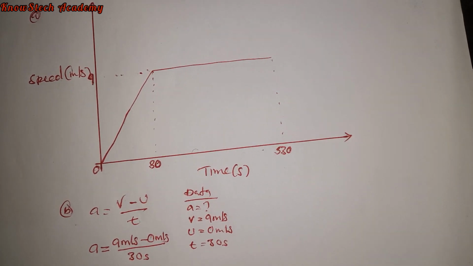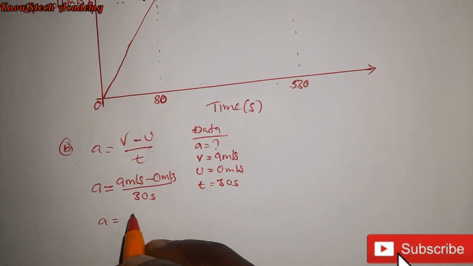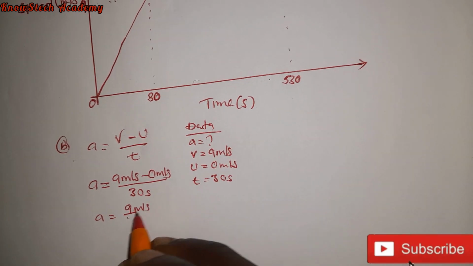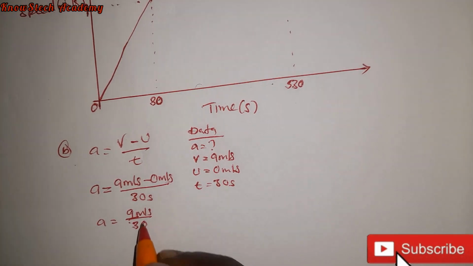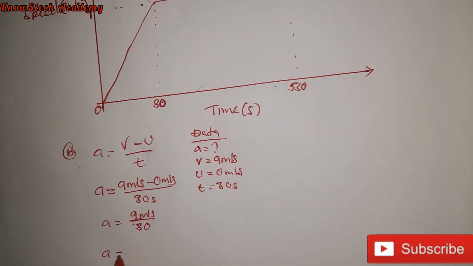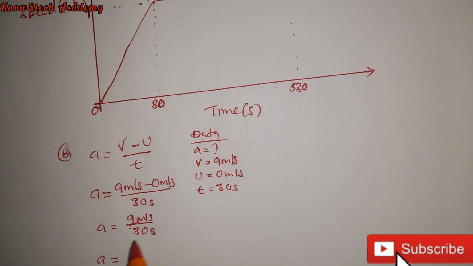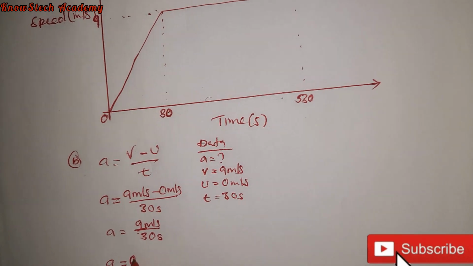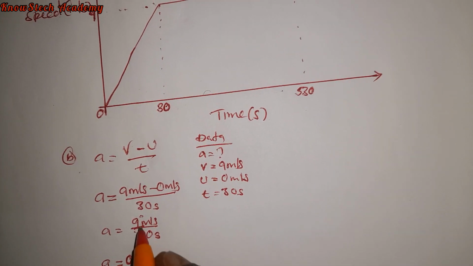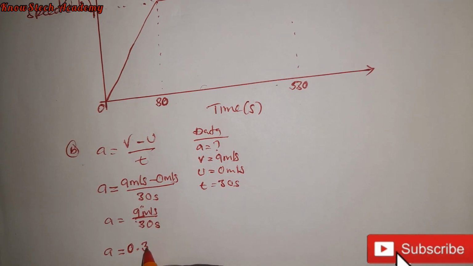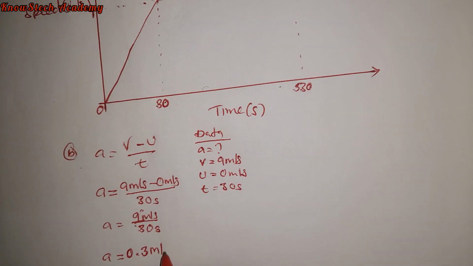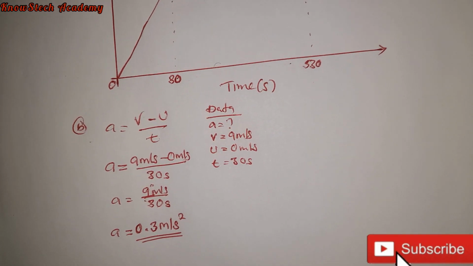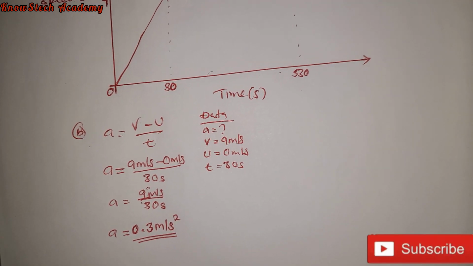So when you subtract, you have 9 meters per second over 30. 9 divided by 30 is 0.3. So the acceleration is 0.3 meters per second squared. That's our answer.